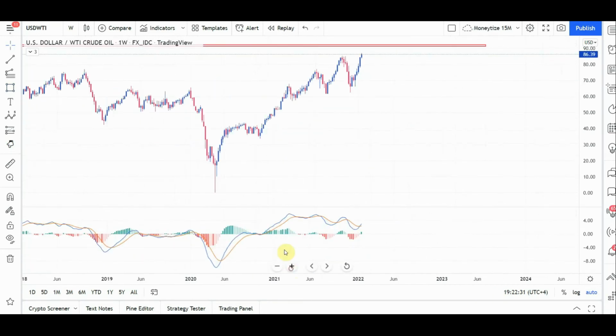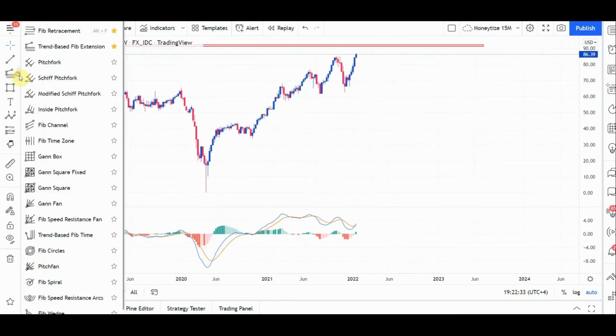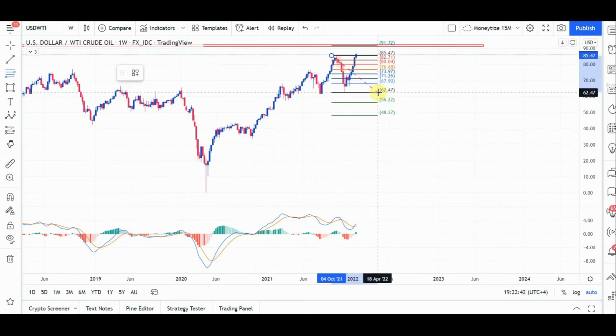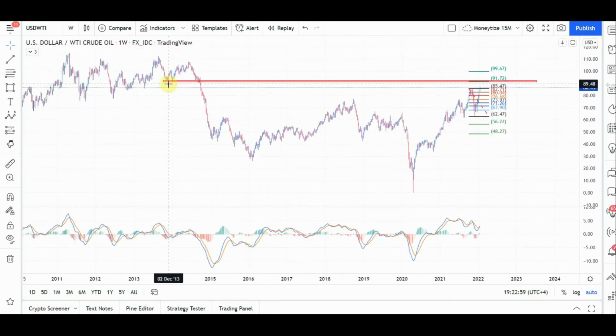Secondly, I've taken the fib retracement tool and marked from the previous high to the swing low, and 91.72 is the reverse calculation as per the fib levels, and it's coming exactly at 91.72, which is coinciding with the previous support, which may act as a resistance now.